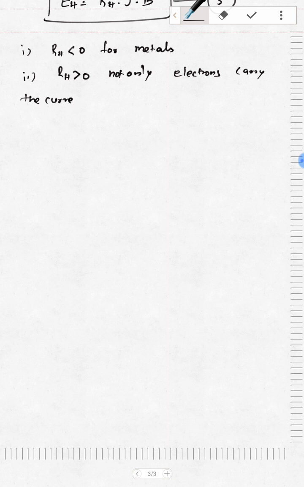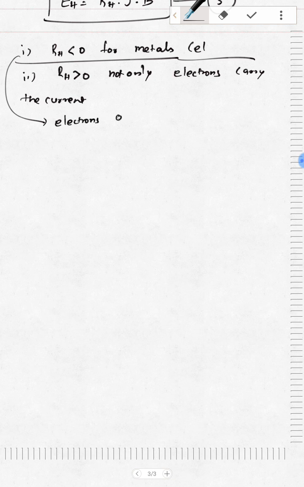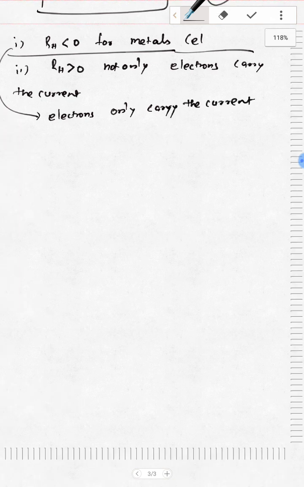But this is the first proof, which you can note down from the first point, that electrons only traditionally carry the current. Electrons only carry the current normally in the conductor.